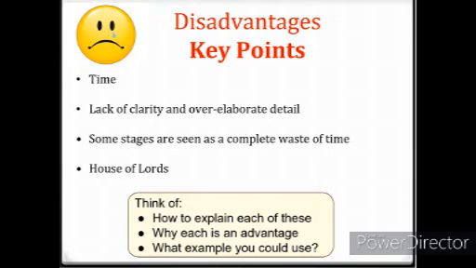Well, here I'm saying there are also disadvantages, alongside some of the stages not actually moving a bill forward and being a waste of parliamentary time. Think about how you could switch these advantages to disadvantages.